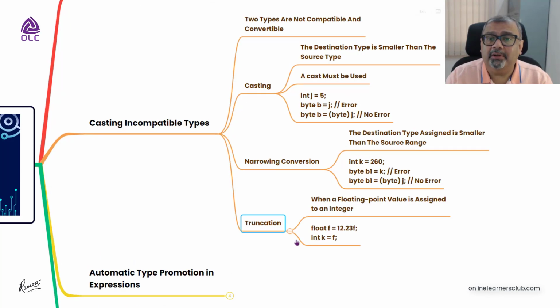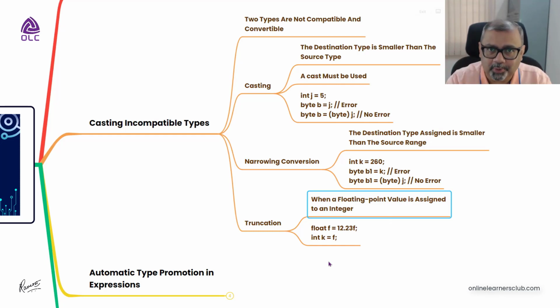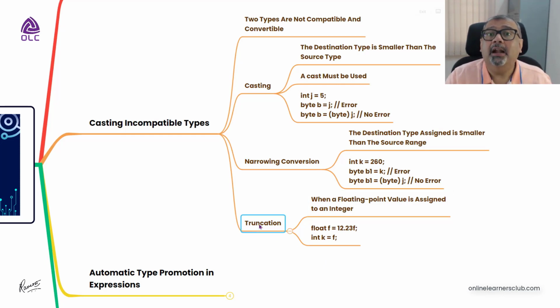Here you have a floating point variable, say float f is equal to 12.23f, and then you put it directly into an integer. Casting is not required here. It will chop off the decimal portion and consider only the integer portion. This is automatically taken care of by Java, and this is called truncation.